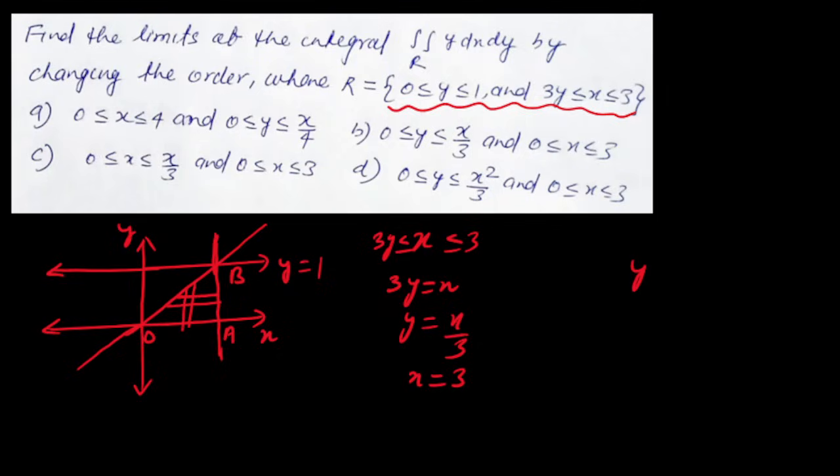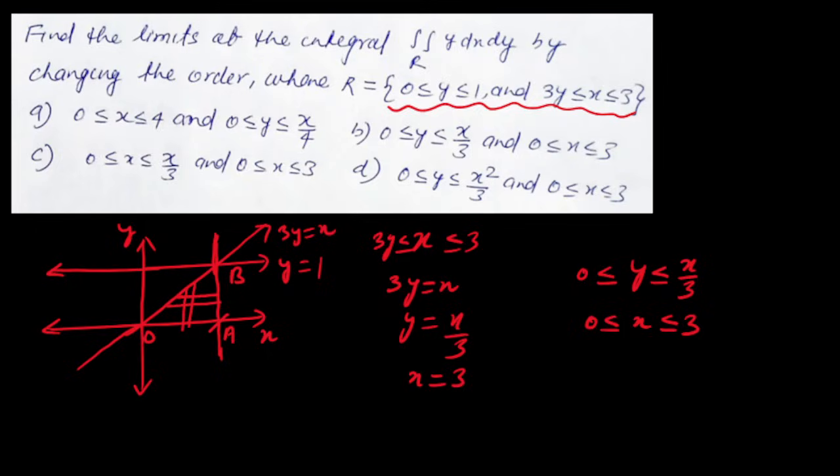So the limit of y will be from 0, and it will go up to the line 3y is equal to x. So y can be written as x by 3. Okay, so this is the limit of y. So how will x change? At this point x will be 0, and at this point x will be 3. So x will change from 0 to 3.